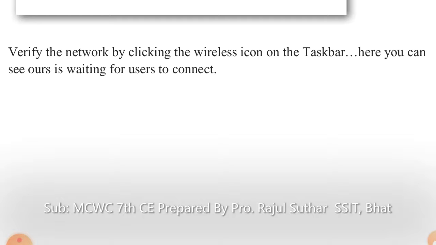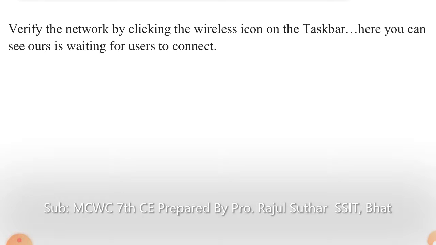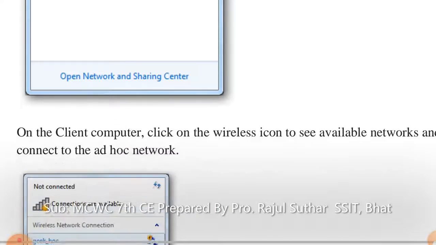Verify the network by clicking the wireless icon on the taskbar. Here you can see it is waiting for users to connect to the Wi-Fi network. So this is the ad hoc network, with a number of devices connected with the ad hoc configuration.